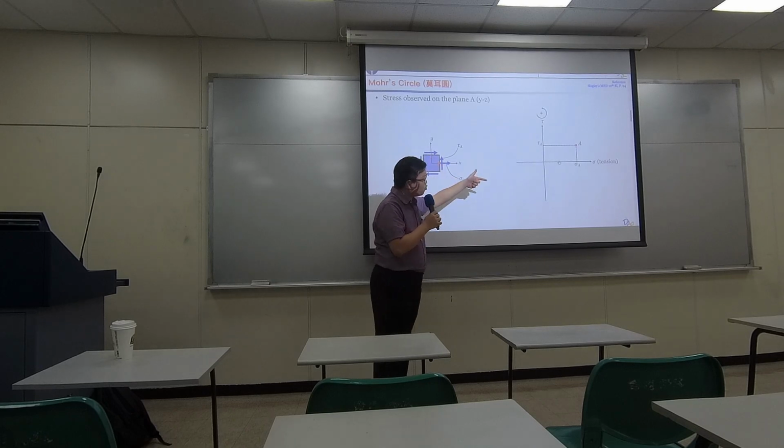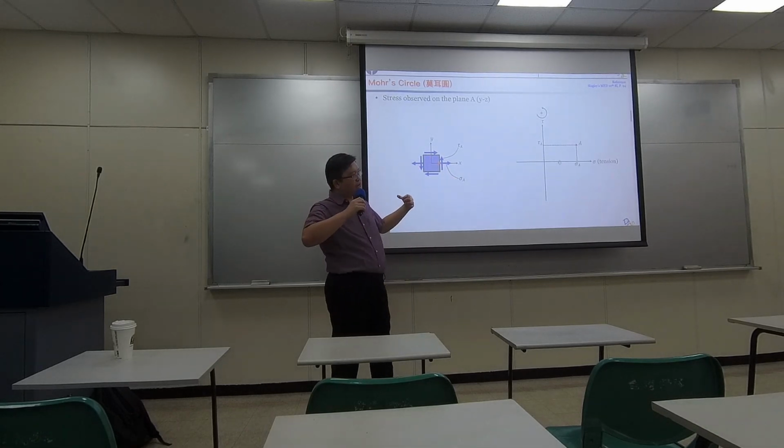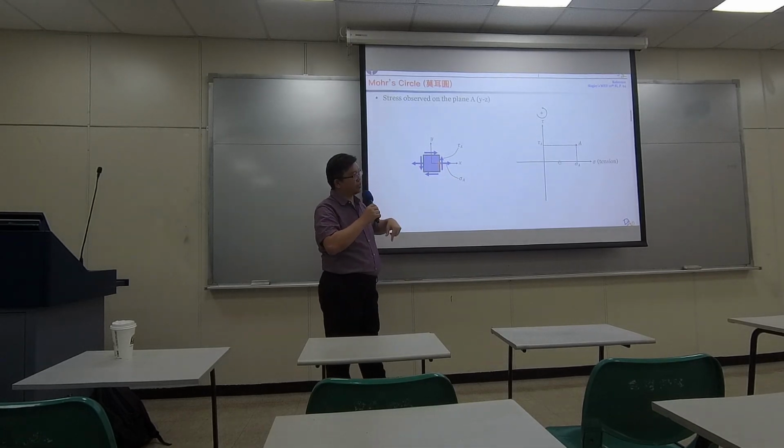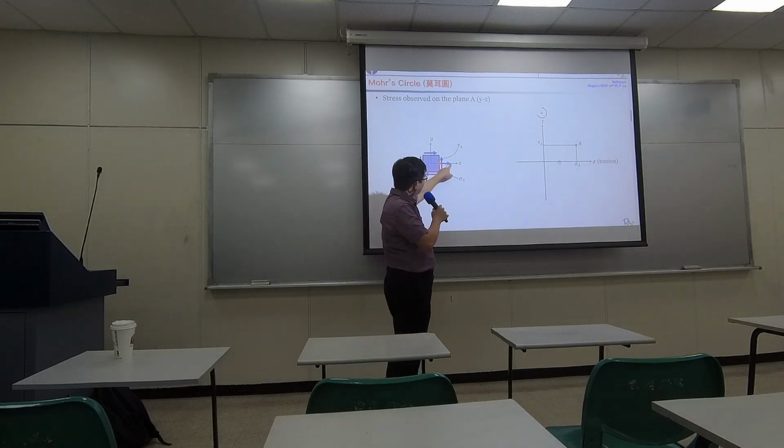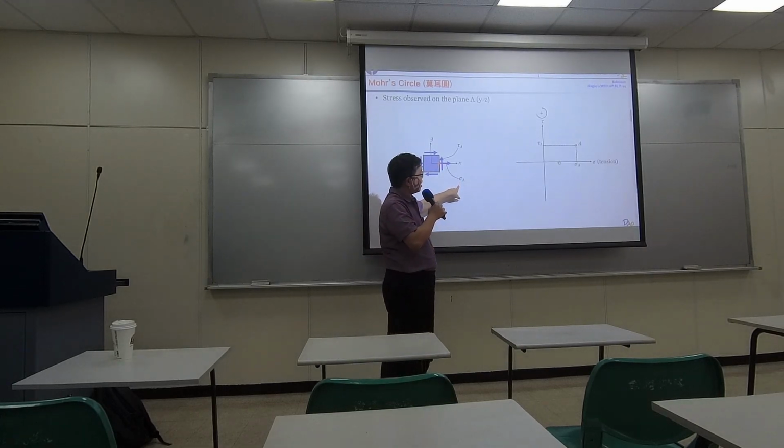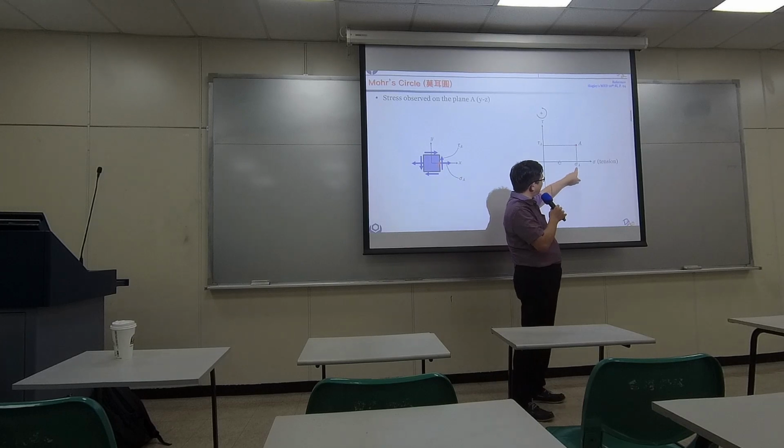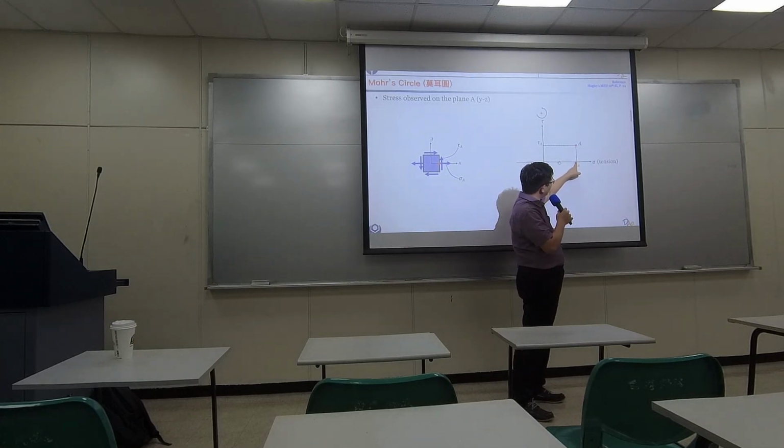Whenever it's pointing outward, we say it's tensile and we define it as positive. So that must be a positive sigma A. That's why we have a positive value sigma A right here.